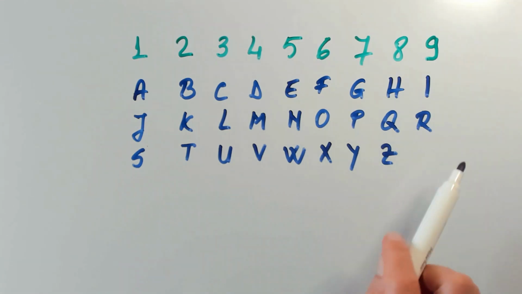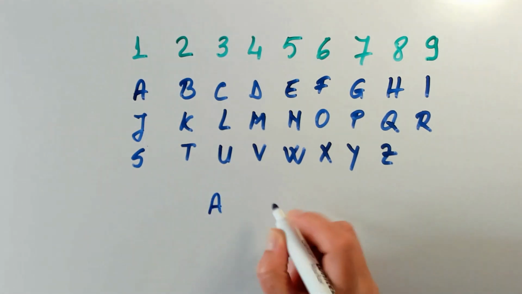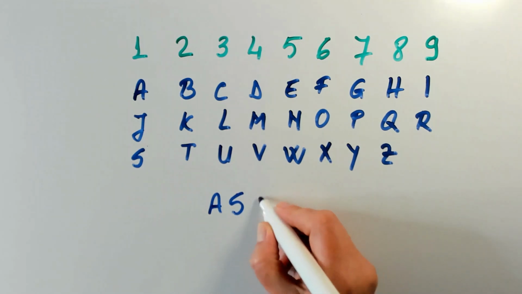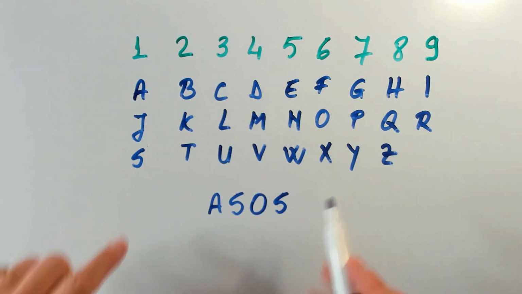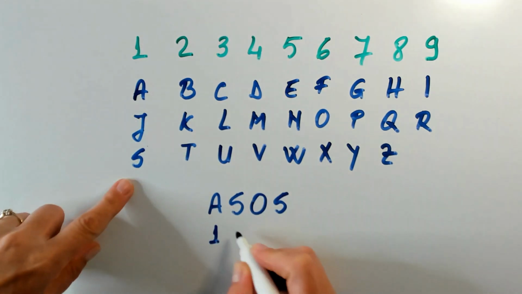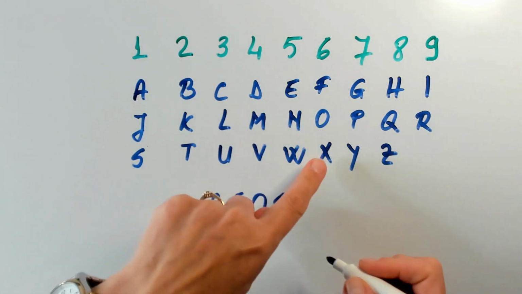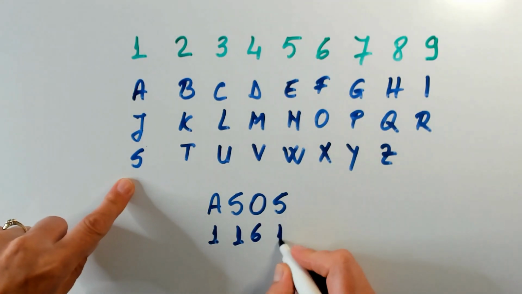So let's say here the company name will be ASOS. So what you're gonna take? You're gonna take 1. You're gonna take 1 again. You're gonna take 6 for O, and S again 1.